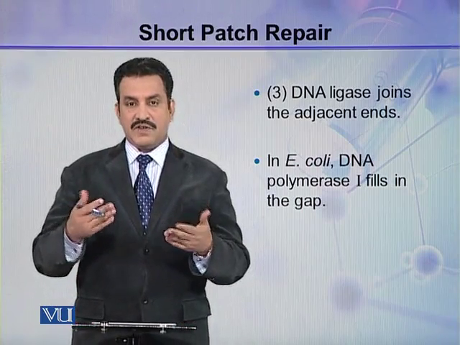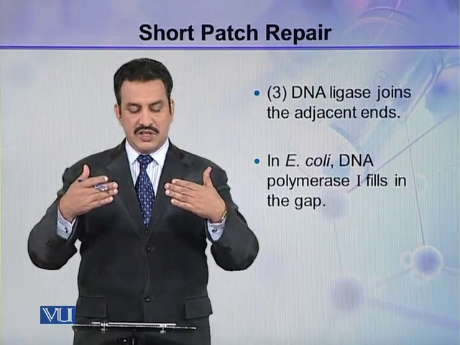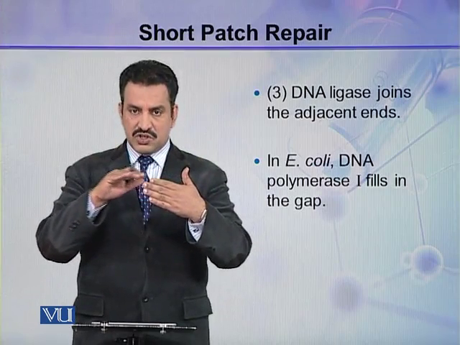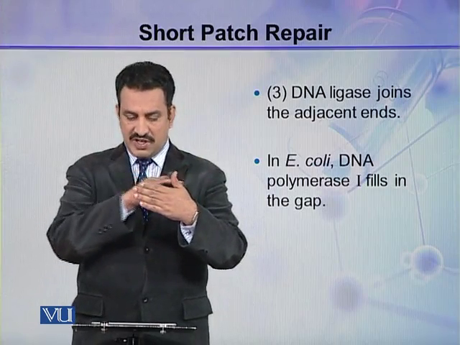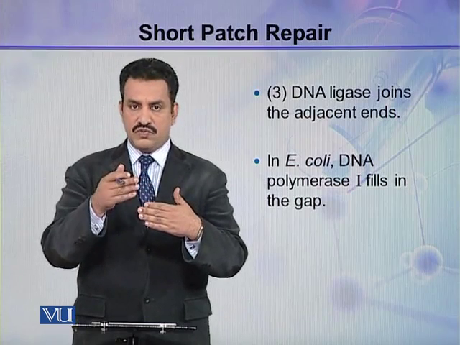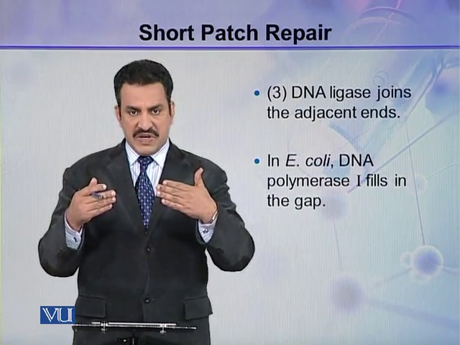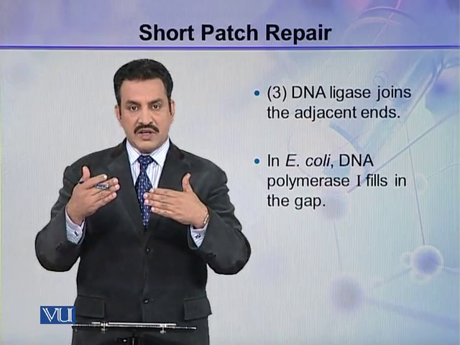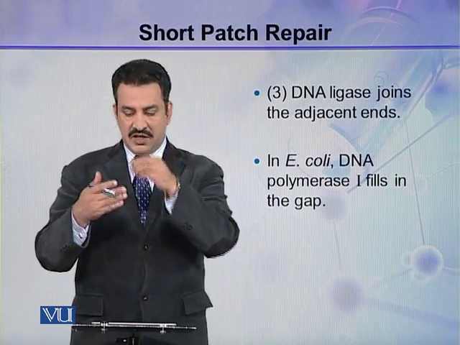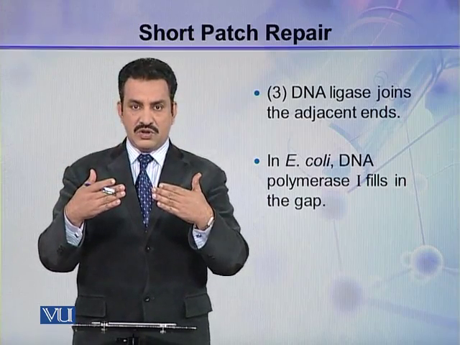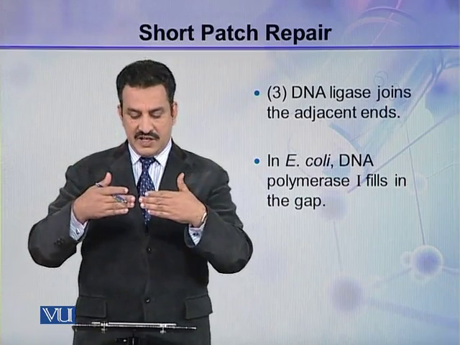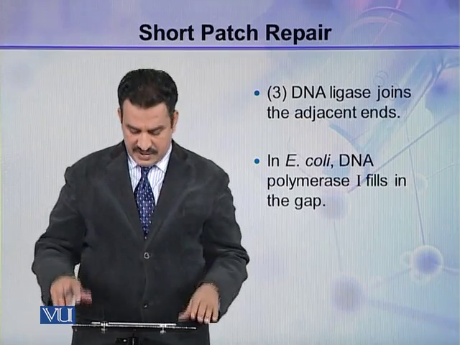So after these two reactions, the strand is like this. On this side, there is a complete DNA nucleotide sequence, the one which was damaged has been removed. So it is a complete DNA strand. When 5' deoxyribose is removed from this side, it is also complete now. So the next step is the ligation. So DNA ligase ligates these two ends.